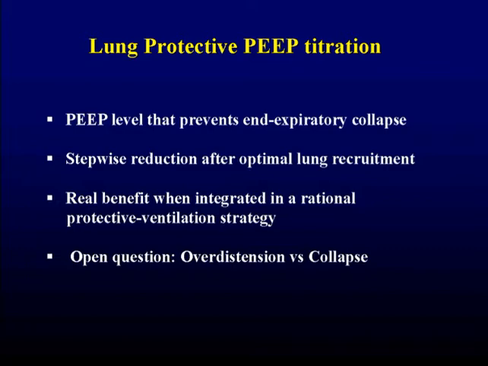Still, the open question is, what is worse? Can we afford a little bit of overextension, in order to avoid any collapse in the lung, or can we allow a little bit of collapse and not take so much importance of overdistension? So this remains an open question.